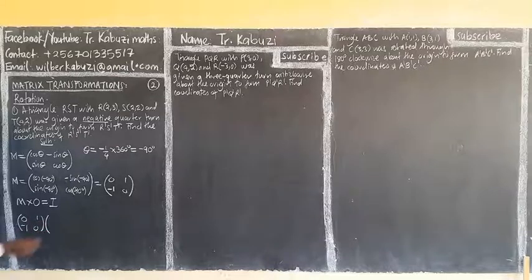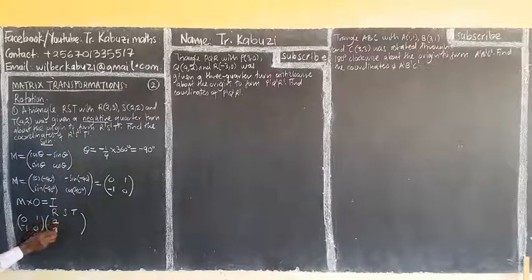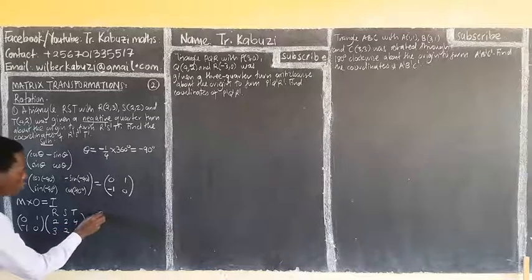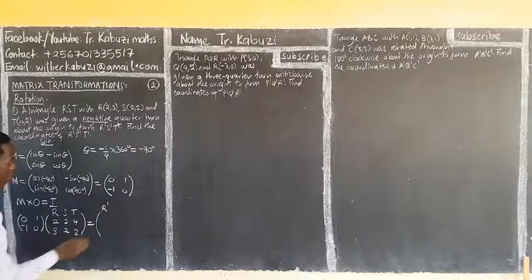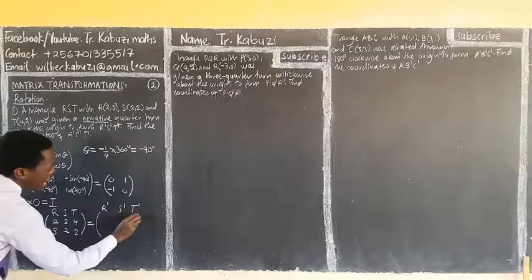The objects are R, S, T. You convert them to column form like this. Then S is 2, 2. Then T is 4, 2. So when you multiply, we are going to get R prime, S prime, T prime as the image.